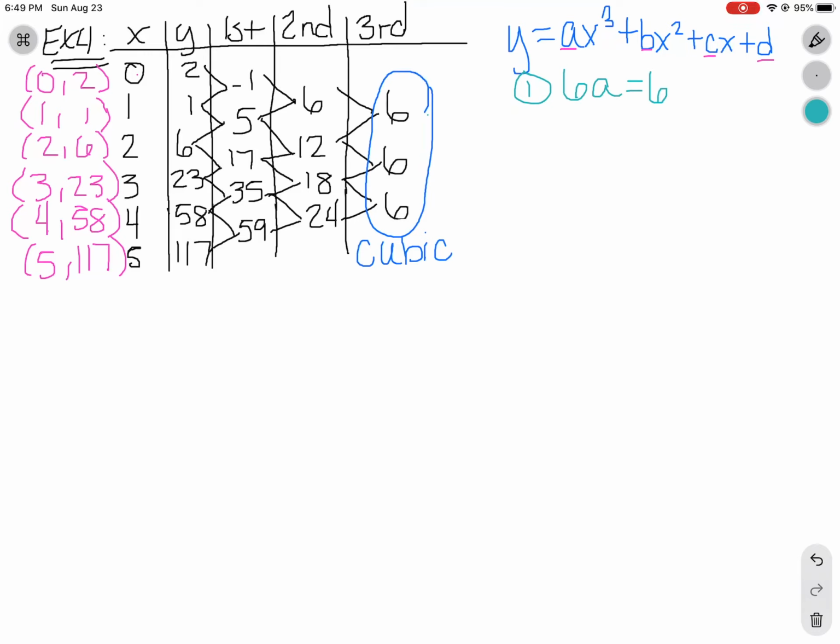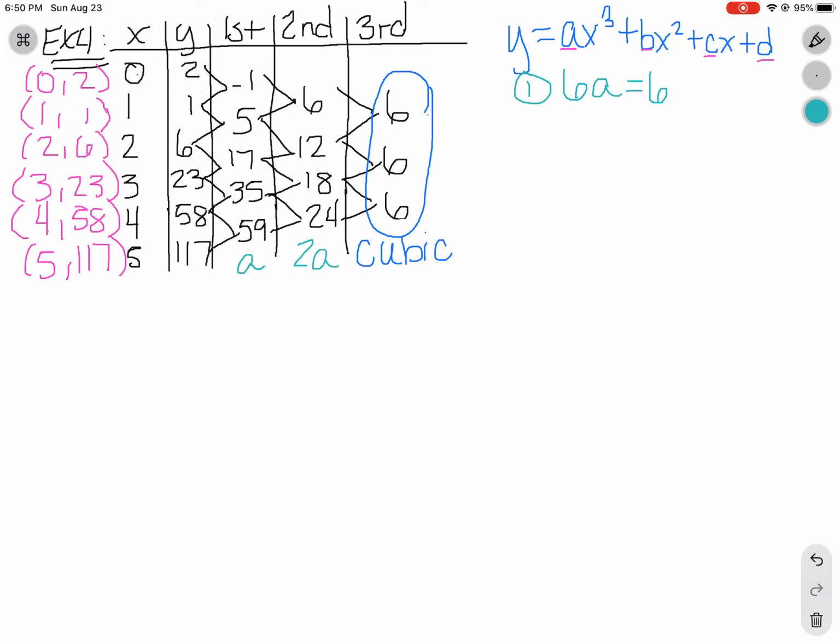Remember, if it would have been in our second differences column, which you might see on your problem set, hint, hint, you set 2a equal to whatever constant is in this column. So if it's 2 or 4 or 6 or whatever, you set 2a equal to whatever that number is. If it's in the first differences column, you set a equal to whatever that number is. I don't think you'll see the first differences column in your problem set, but I did want to mention the second differences because I do think you'll see that.